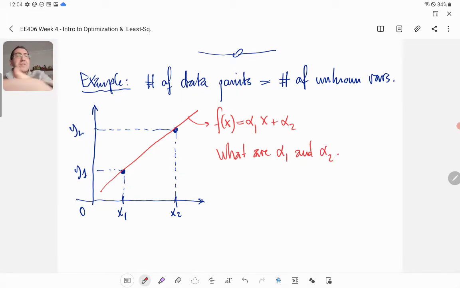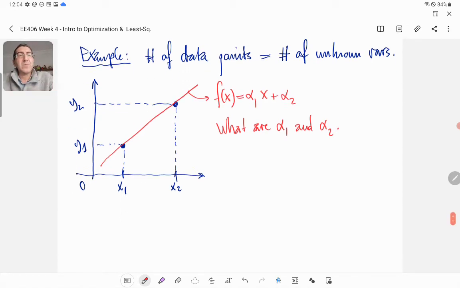Obviously, you can solve this problem without this formalism that we will talk about, but this can be generalized to functions that are not a line. For example, for a quadratic, if 3 points are given, you can uniquely find, in the same way that we will do right now, the quadratic function that passes through those 3 points.